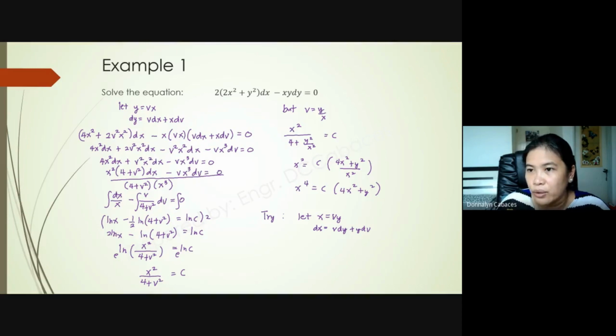So you just need to do the same process. You should be ending up with a variable separable equation, and do not forget to bring back the original variables x and y. And you should be also obtaining the same result of x to the fourth is equal to c times 4x squared plus y squared.